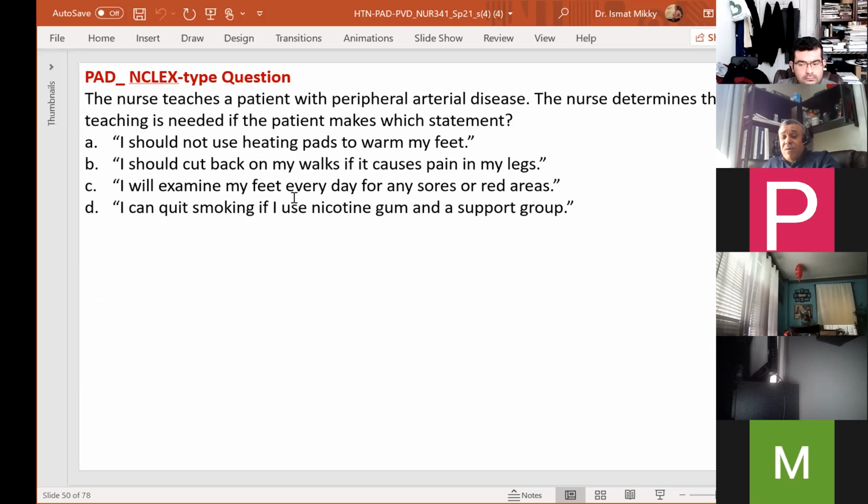Always remember these 6 Ps when you do the neurovascular assessment, especially post-op.